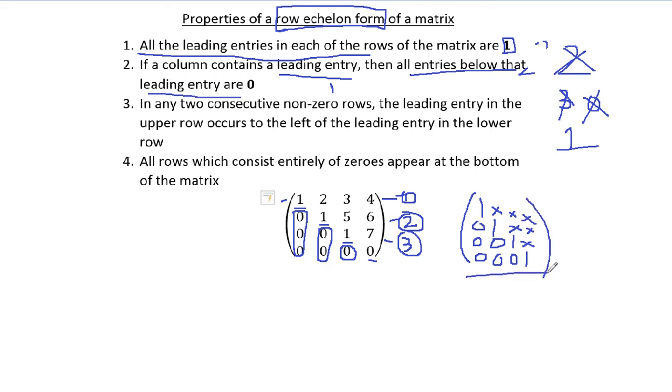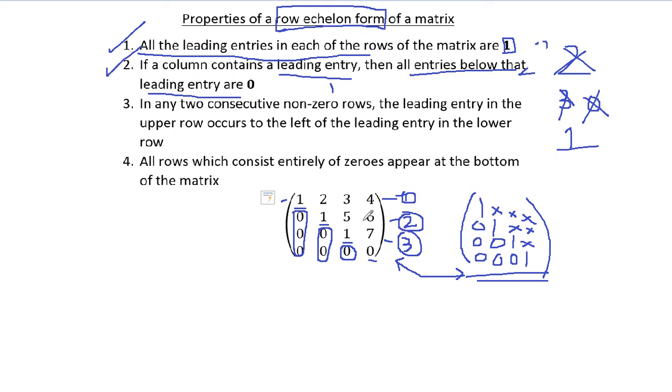This is an example of a row echelon form as described here. So now we have already satisfied property 1 and property 2.